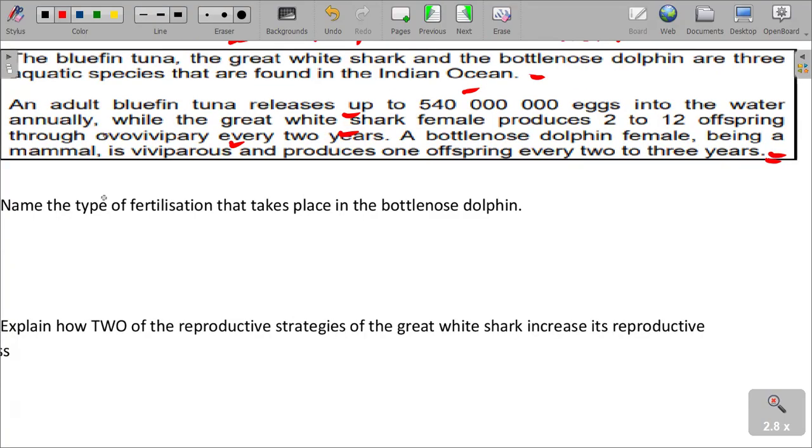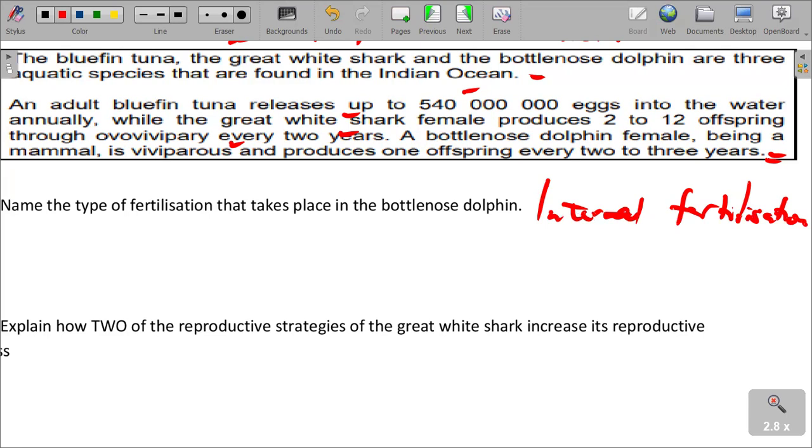So the type of fertilization that takes place in this organism, the bottlenose dolphin, is internal fertilization, where fertilization takes place inside.